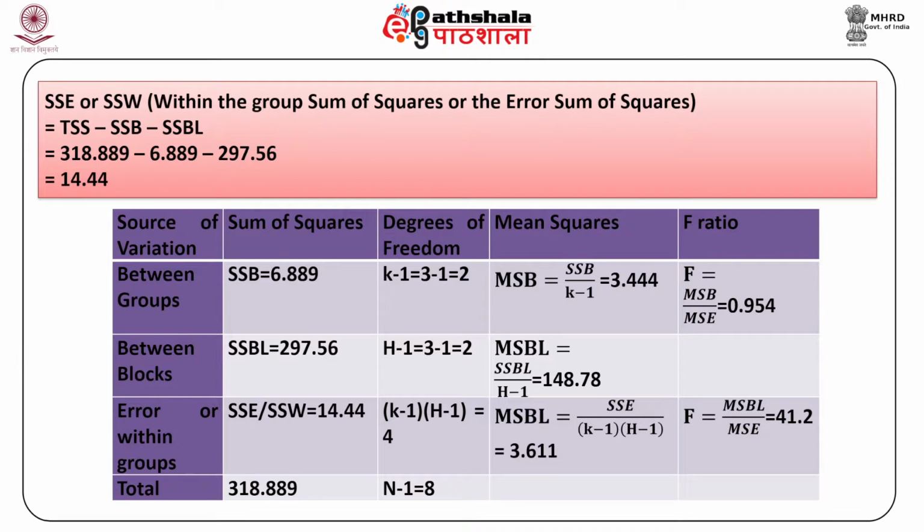If you look at the second F ratio, it is equal to MSBL upon MSE, and this comes out to be 148.78 divided by 3.611, which is approximately 41.